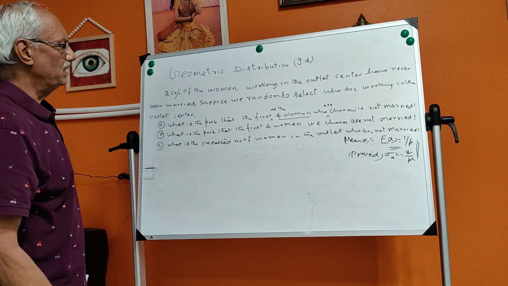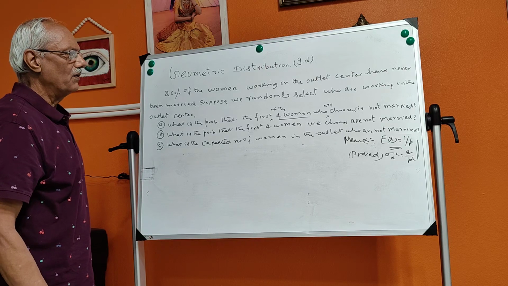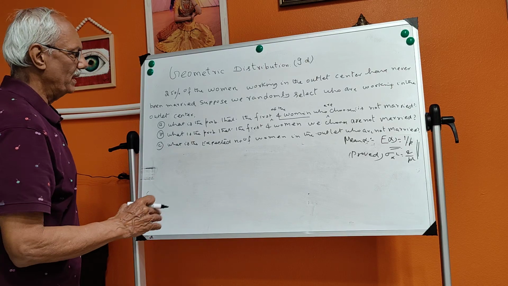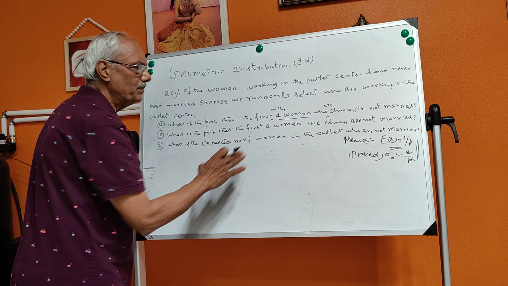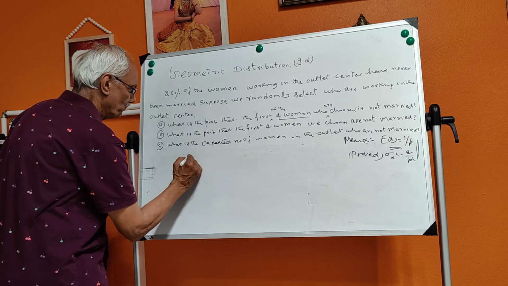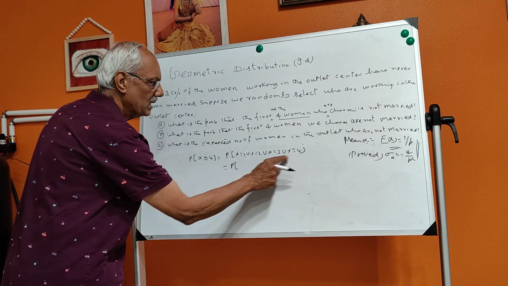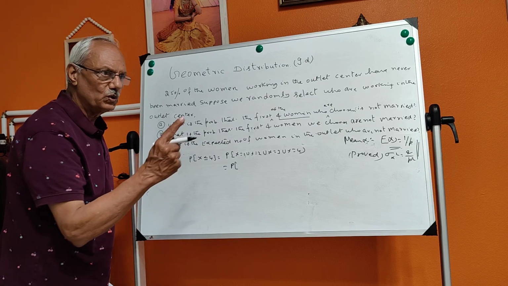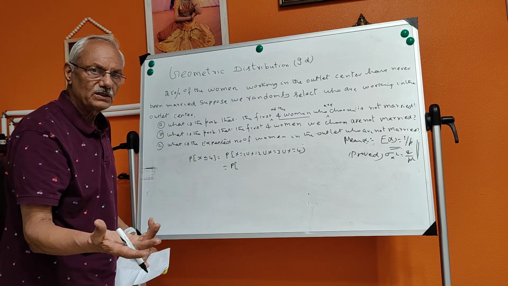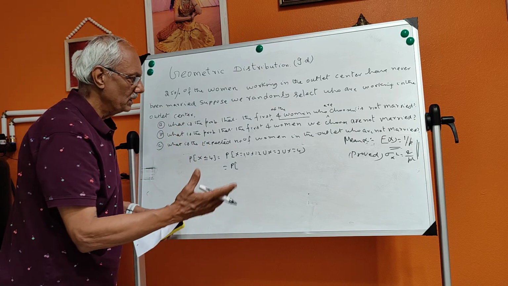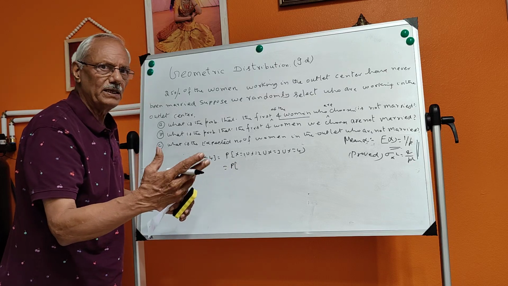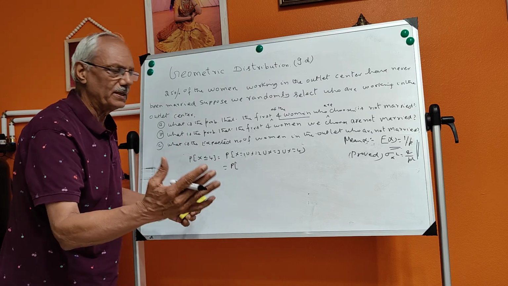What is the probability that the first 4 women we choose are not married? Since the trials are independent, you take one woman and see whether she is married or not, then the second woman, third, fourth.